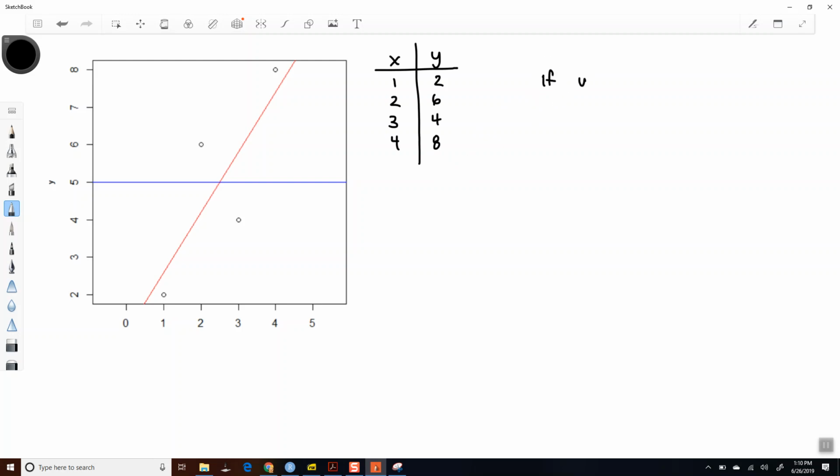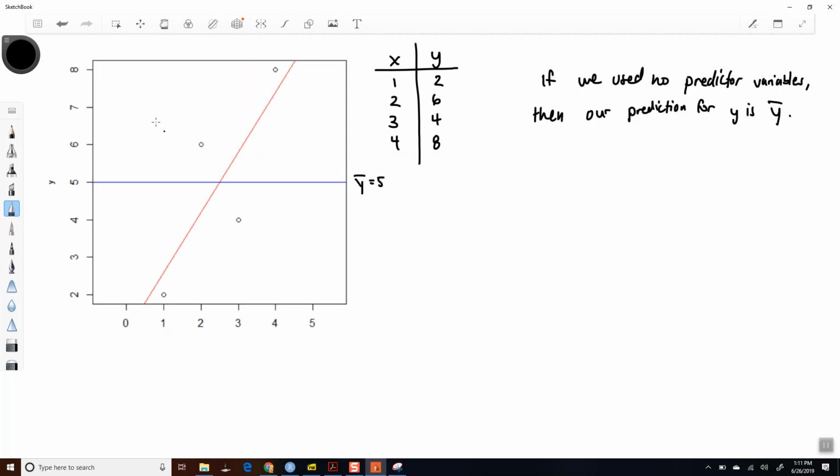If we used no predictors, and if somebody asked us to make a prediction for y, so if we use no predictor variables, then our prediction for y is just going to be the mean of y, which is 5. Y bar equals 5.